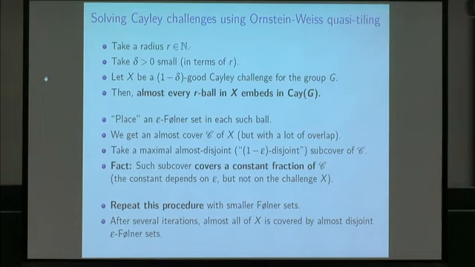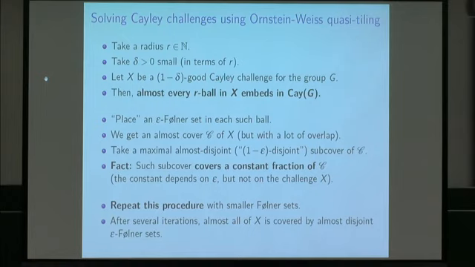Now, if I can cover a constant fraction of the graph, then I can repeat this procedure, this time with smaller Følner sets, and cover another constant fraction of the graph. And after several iterations, I'm going to cover all of the graph with Følner sets which are almost disjoint from each other.